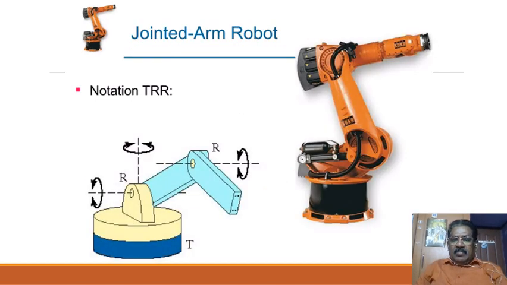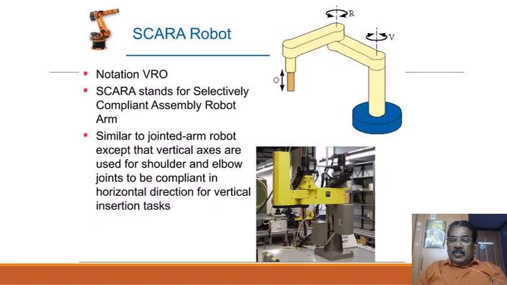Then the jointed arm. As we said, the hand, the full hand, is a jointed arm, and the notation given to us is TRR, which is the twist, rotate, and rotate. The SCARA robo is basically used for assembly purposes.